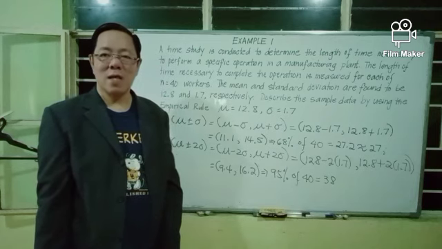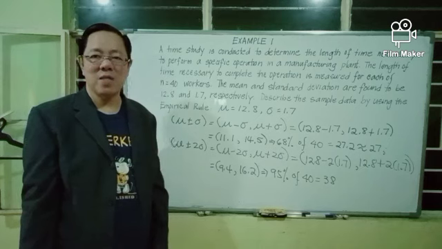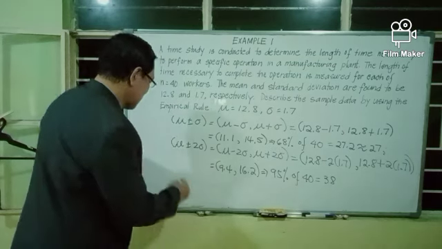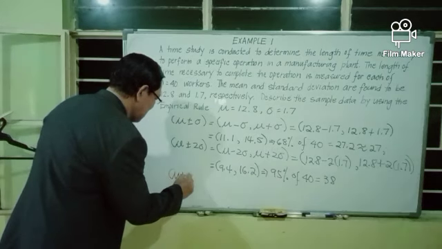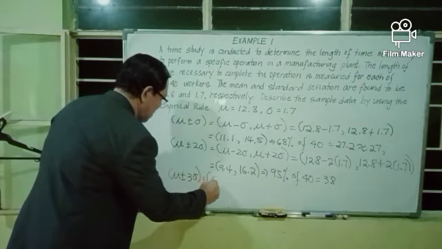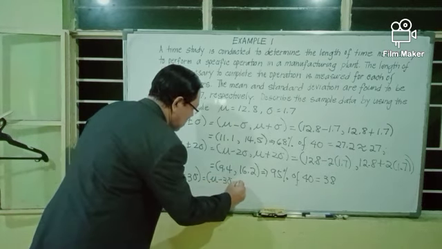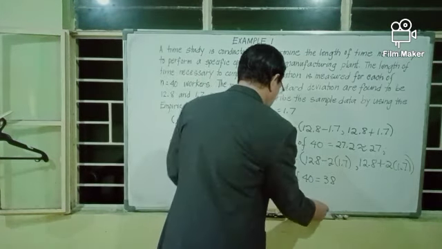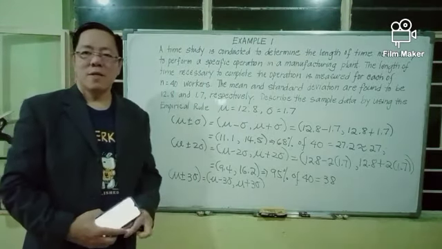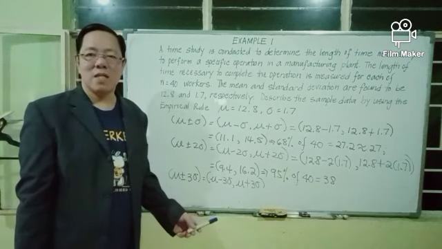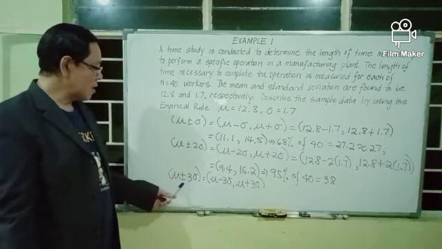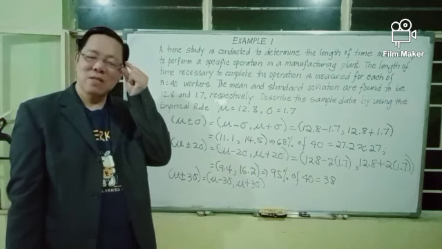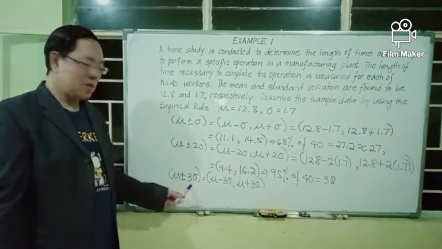And finally, the empirical rule says that 100% or almost 100% of the measurements or observations are contained in the interval mu plus or minus 3 sigma, or 100% of the observations lie within 3 standard deviations from the mean.